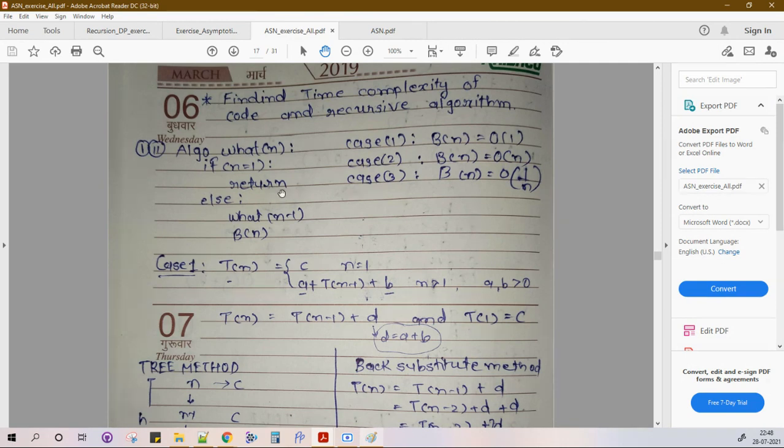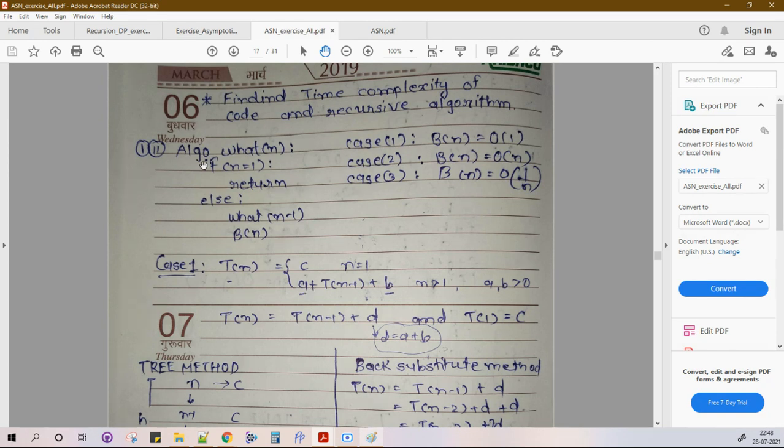When n is not equal to 1, then what will happen? I will first run this. I check the condition, which costs some memory and CPU power, so the time complexity is order of a. A is some constant time, or you can say it is order of 1, and 1 is nothing but constant.